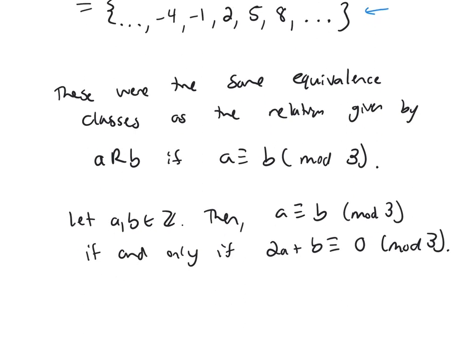So it turns out that if 2 elements are related in one relation, then they would have to be related in the other relation as well. So in some way you can think of these as being like the same relation. They're just not described in the same way, but they give you the same equivalence classes.